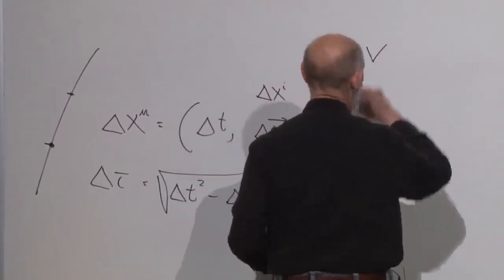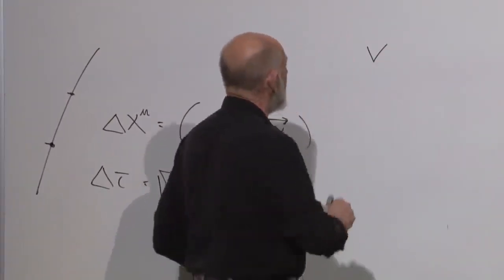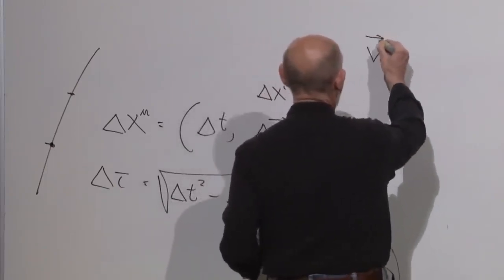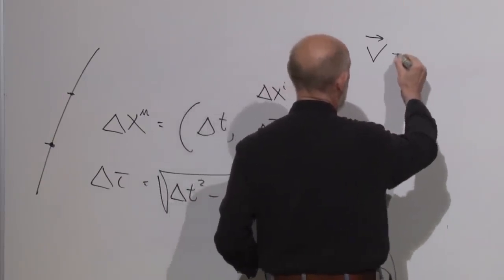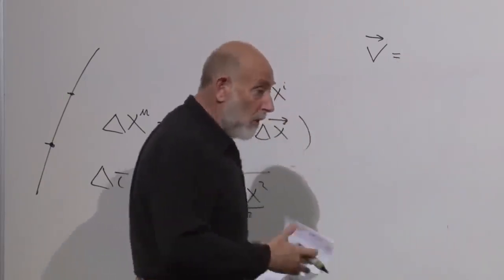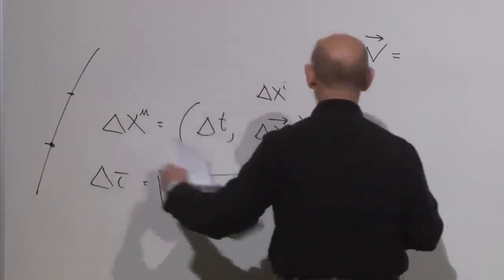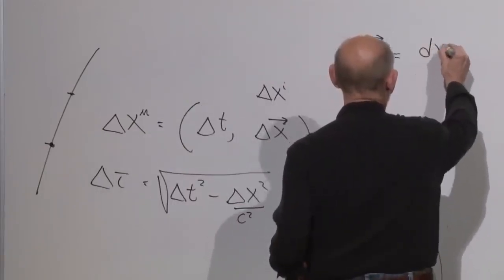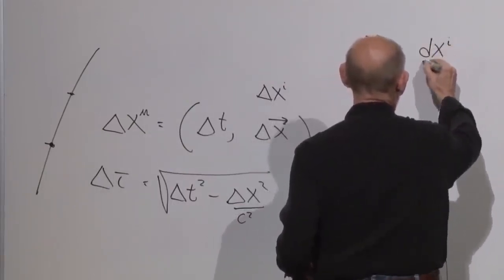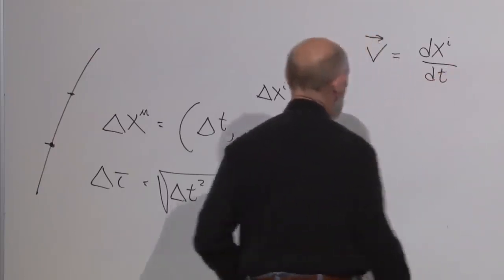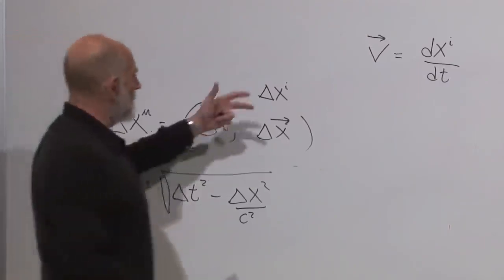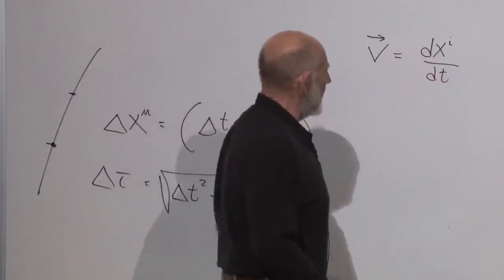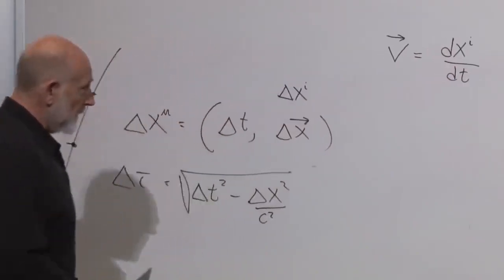The velocity, ordinary velocity, let's call it v with a vector here. The ordinary velocity is, its components are simply dxi by dt, or in the limit that the delta x's get small, it just becomes the limit of delta xi divided by delta t.